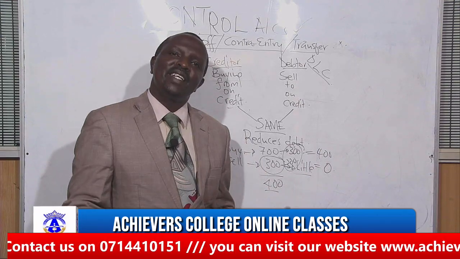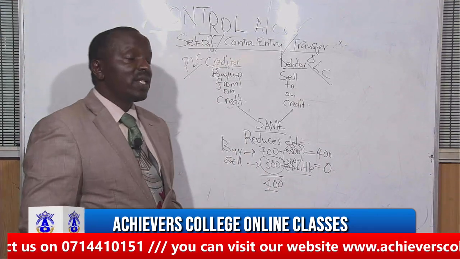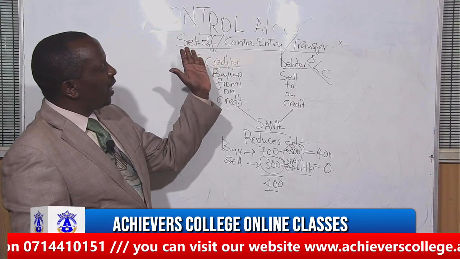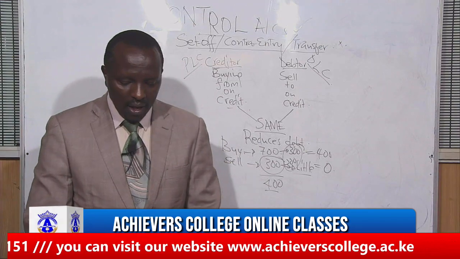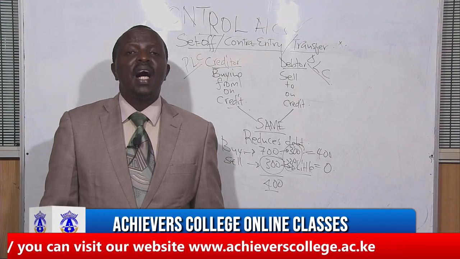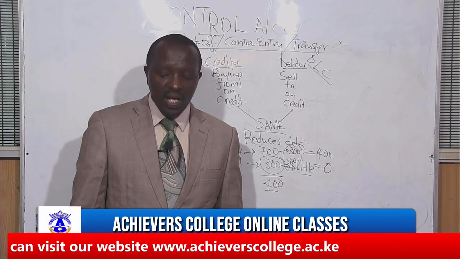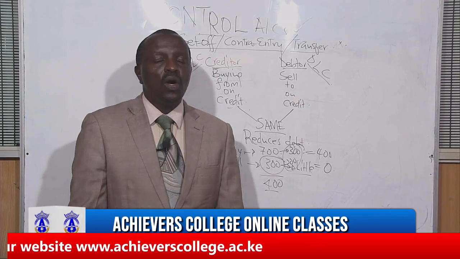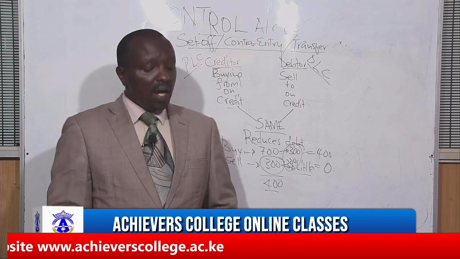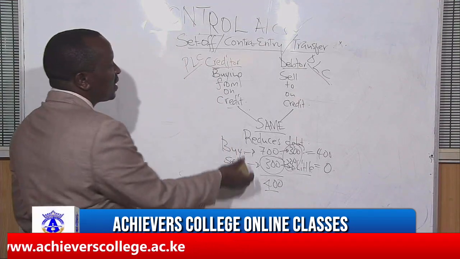We have simply set off, and therefore in both cases we reduce the amount of debtors and creditors in the control account. Where the customer and the supplier is the same person, that is where contra entry or set-off comes in.